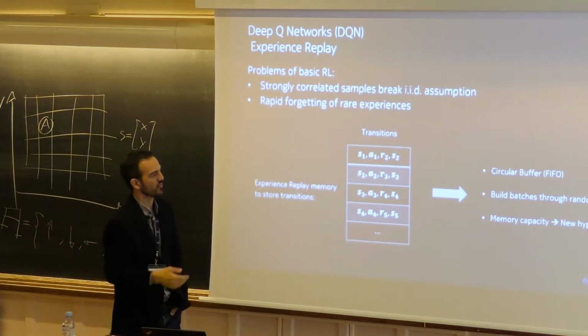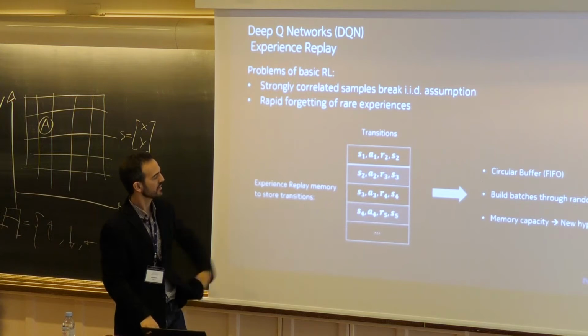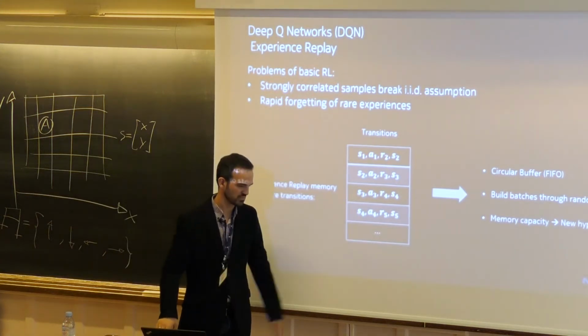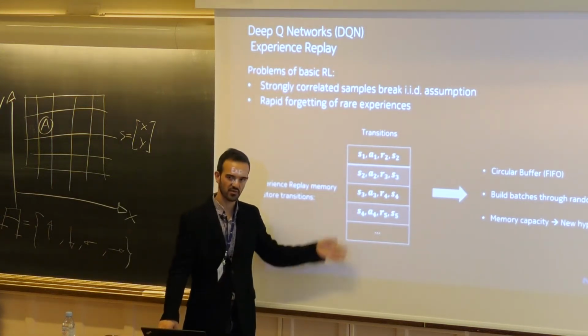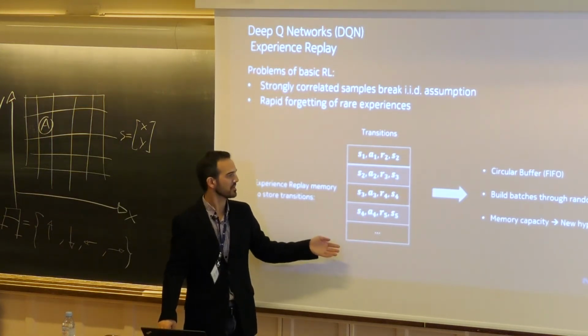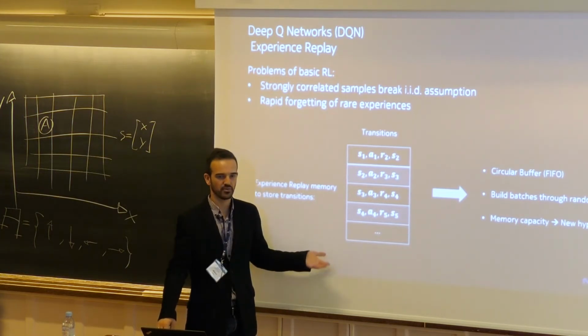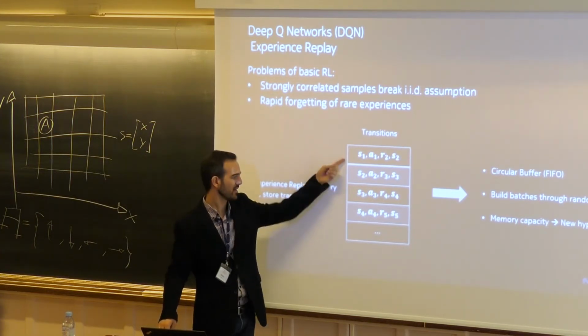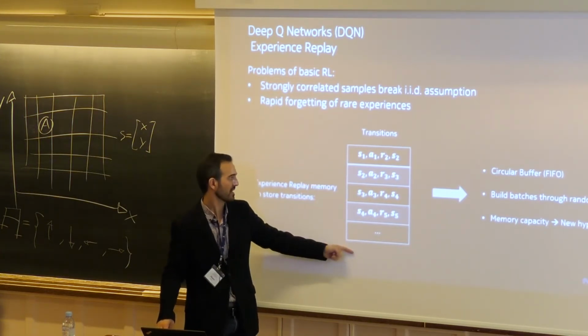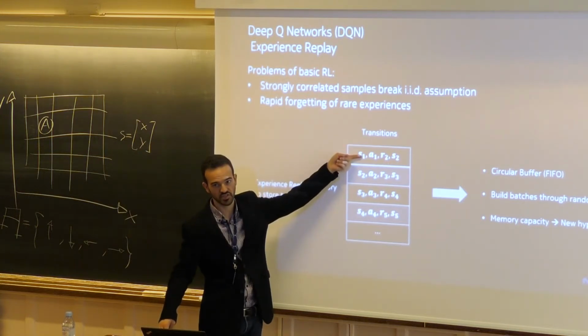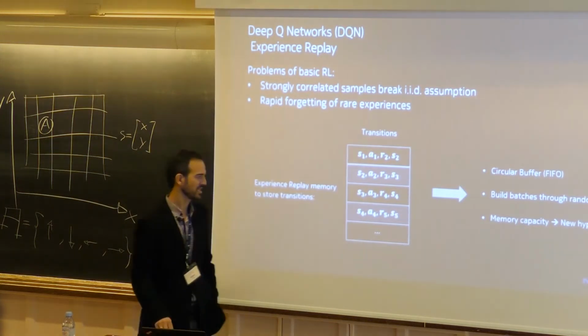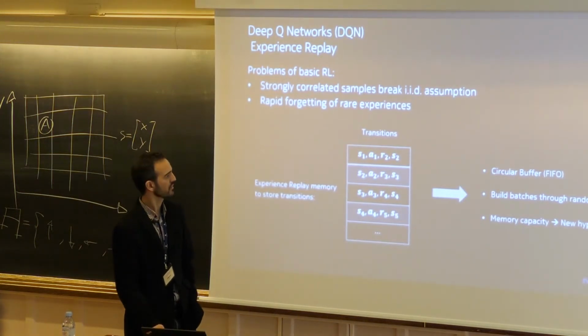This is called the experience replay memory. Okay, and this can be very large. The size of this memory is a hyperparameter of the algorithm. It's usually implemented as a FIFO or as a circular buffer, which means that when you fill it, the next transition that comes will overwrite the oldest transition. So basically, the size of this memory is an important parameter for the algorithm.